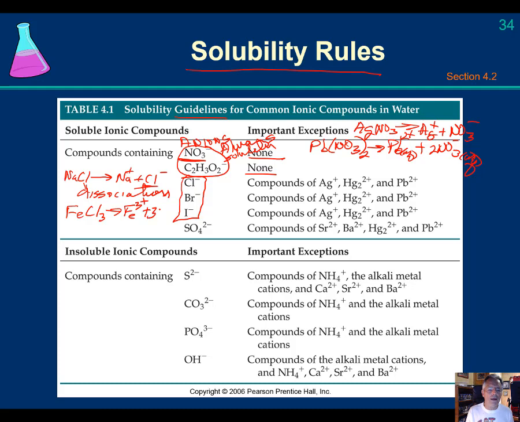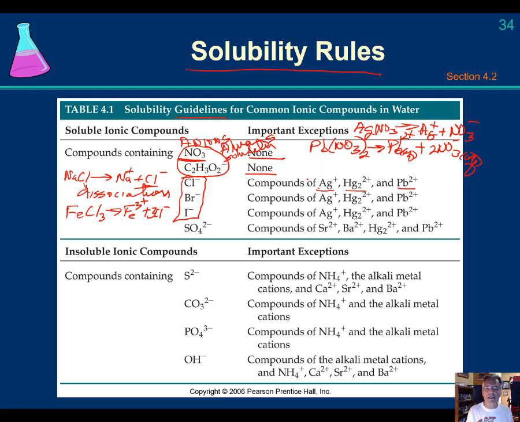And how did I tell that? Well, because this set of guidelines says that chloride is always associated with a strong electrolyte, but there are exceptions, and here they are. And you're going to find these are exceptions most of the time: silver, mercury, and lead compounds.